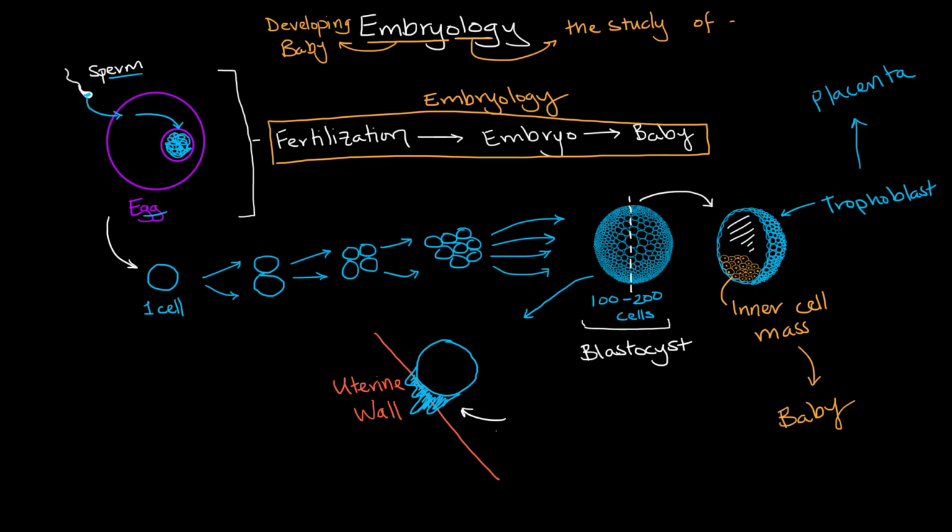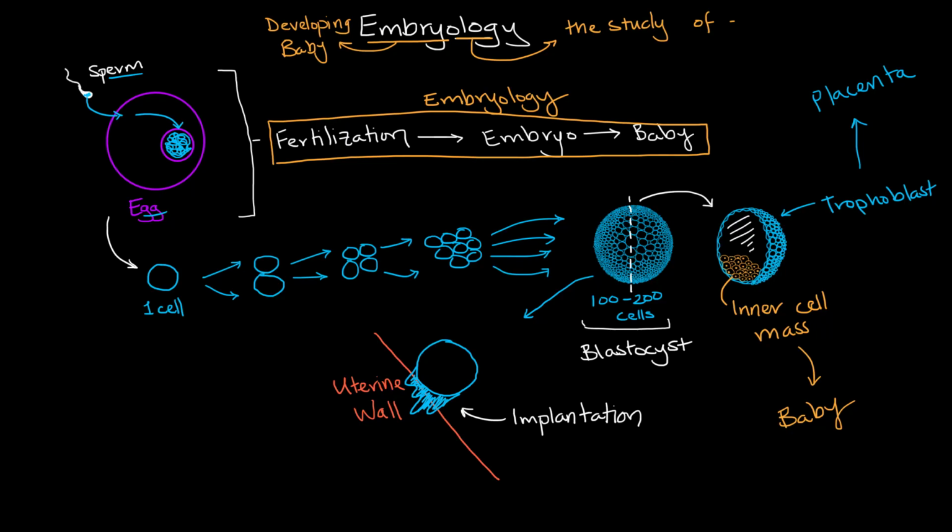It makes sense why the trophoblast is on the outside of the blastocyst, because it has to fuse into the wall of the uterus to form the placenta. And the inner cell mass will continue to stay in here and divide and keep growing until it forms a full baby.